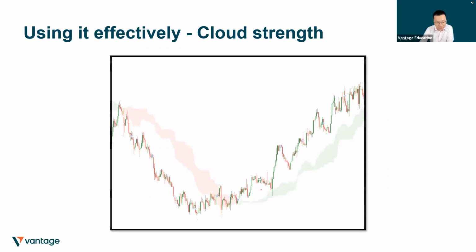Firstly, you can use how price reacts to the cloud to give you that idea of momentum. Remember we talked about it telling you support and resistance levels. It tells you that trend direction. It also tells you that momentum.